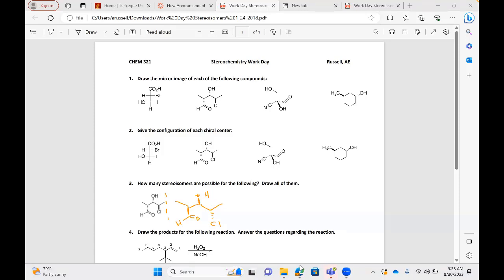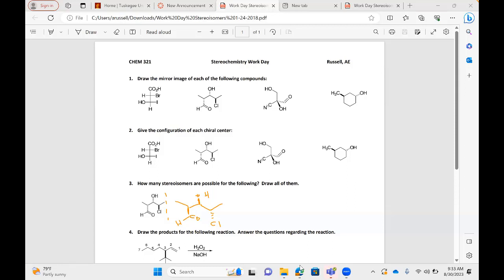So the way I have it drawn is I just took all of the stereo centers that were there and altered them. So instead of that carbonyl being on a dash, now it's on a wedge. Instead of the OH being on a dash, it's on a wedge. And instead of the chlorine being on a wedge, it's on a dash, because we all agreed that the mirror image is the absolute opposite of the original.